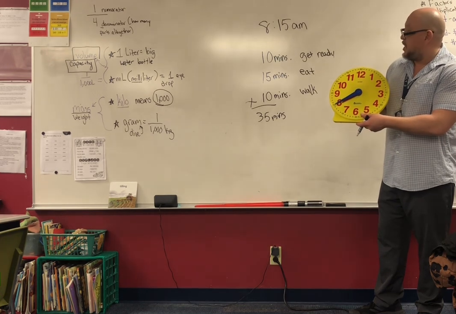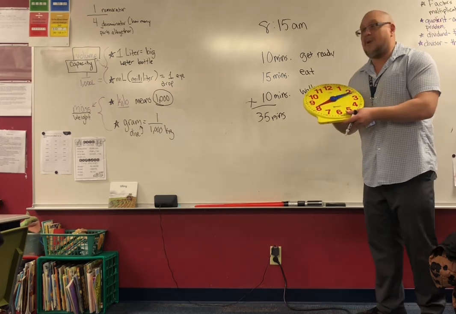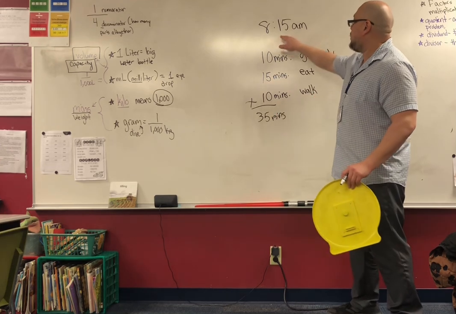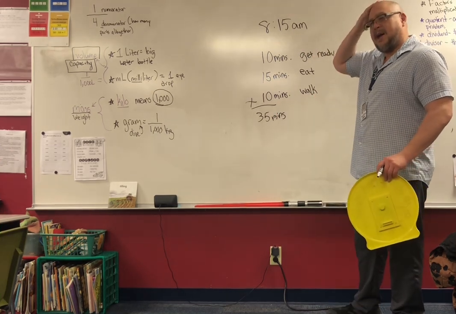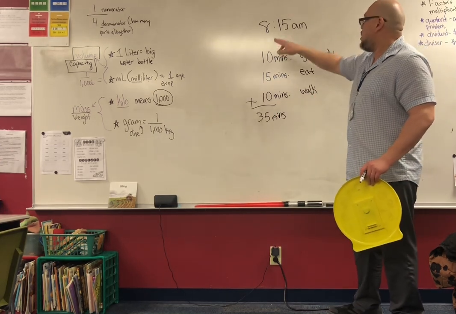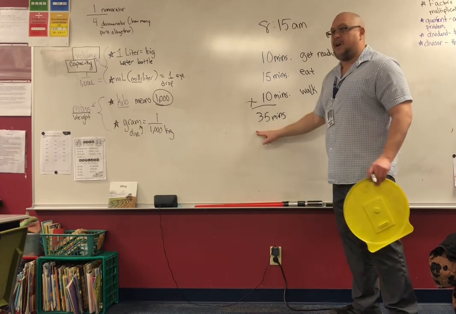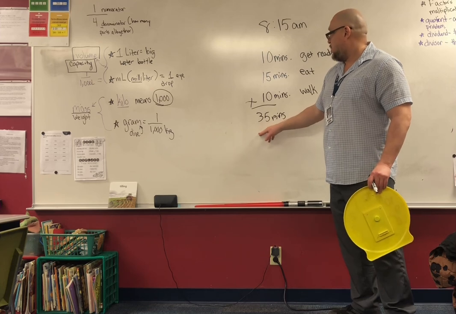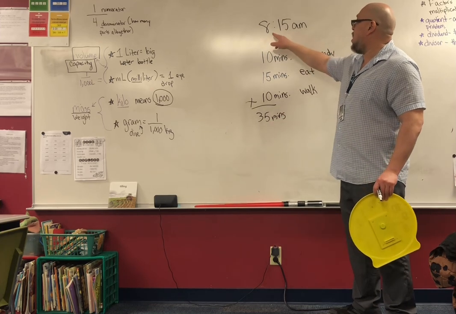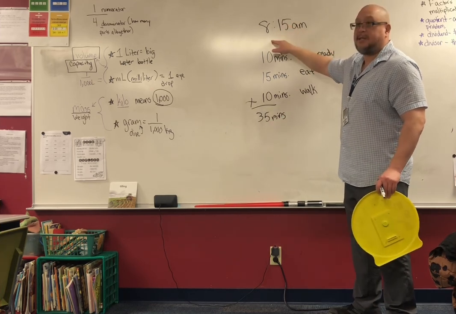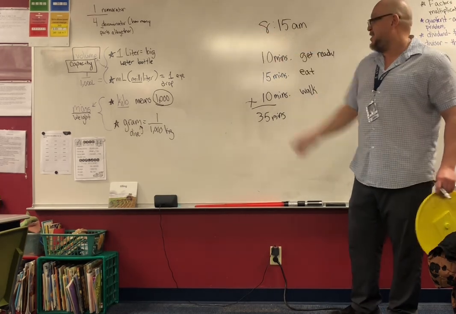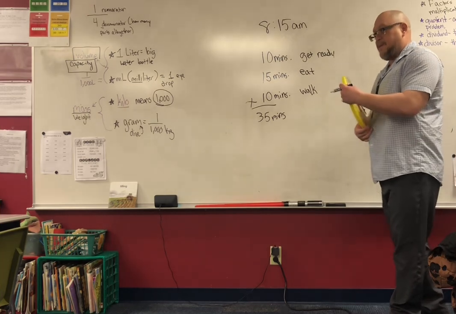Yeah, 7:40. Now, the other way I could have done this is subtract 15 from 35, which is 20. Then subtract 20 from 8 o'clock, because taking 15 away makes it 8. That would be 7:40. See? But it doesn't hurt to use the clock.